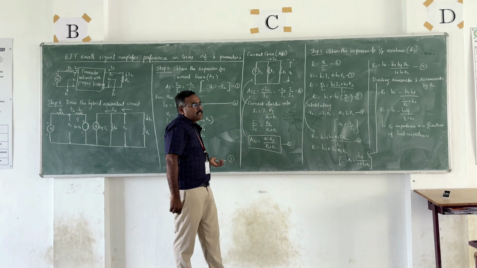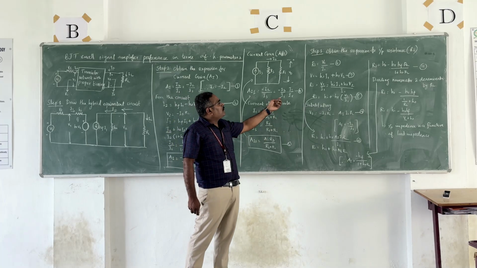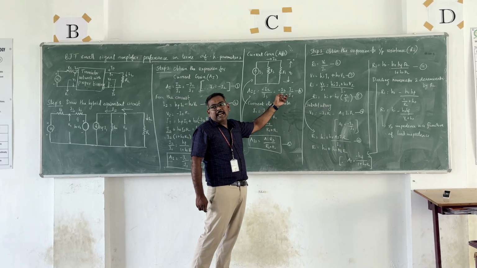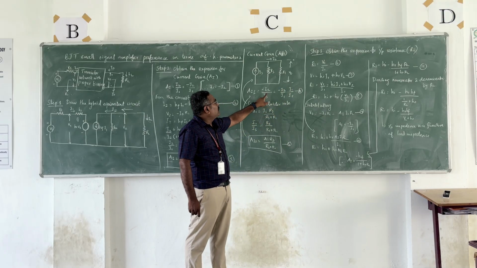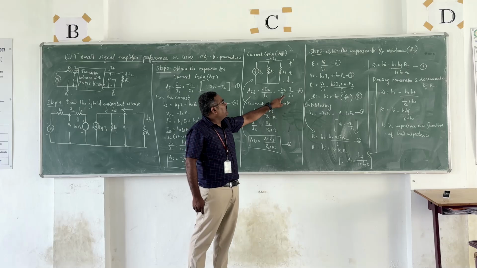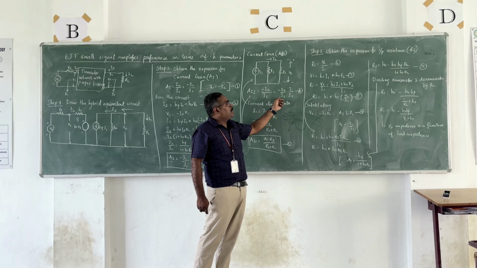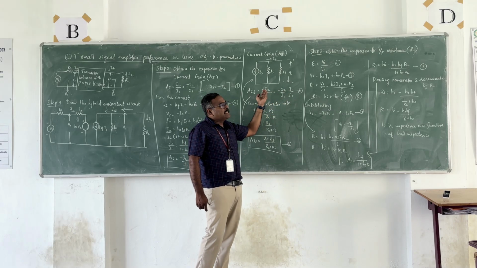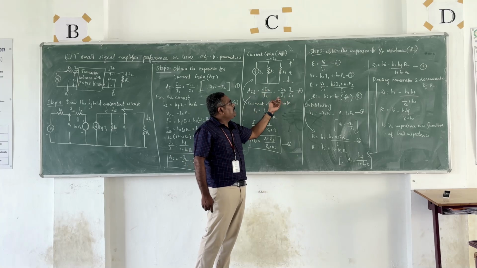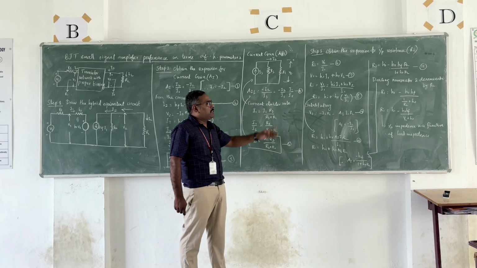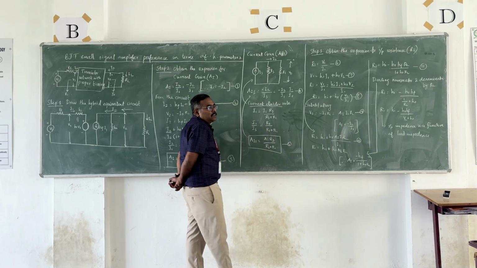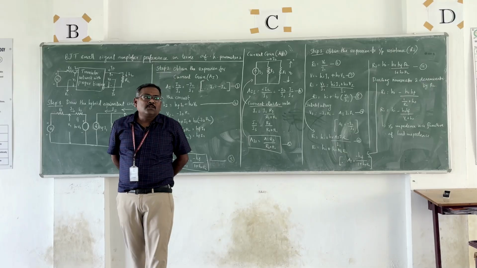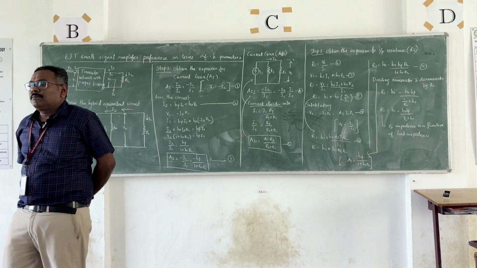So for that, we multiply I1 in both numerator and denominator: I2 divided by I1 into I1 divided by IS. By changing like this, there is no change in the equation, because these two values cancel each other. Okay. So here we know the current division rule. I already told this in the last class. So what is the current division rule?